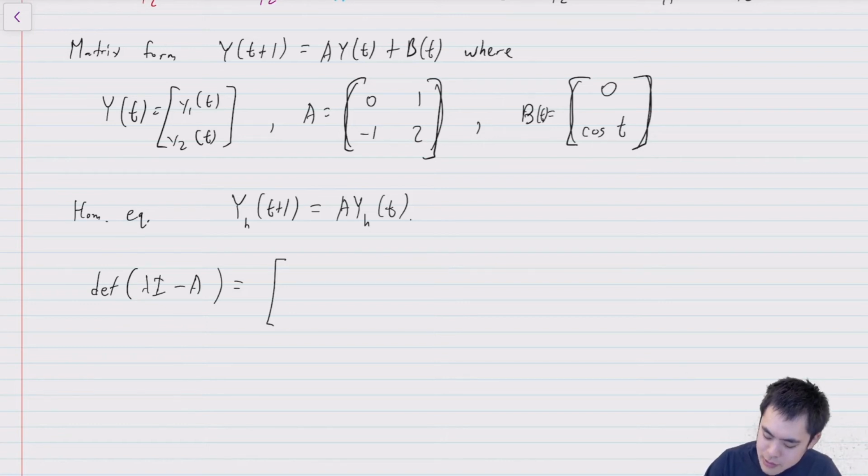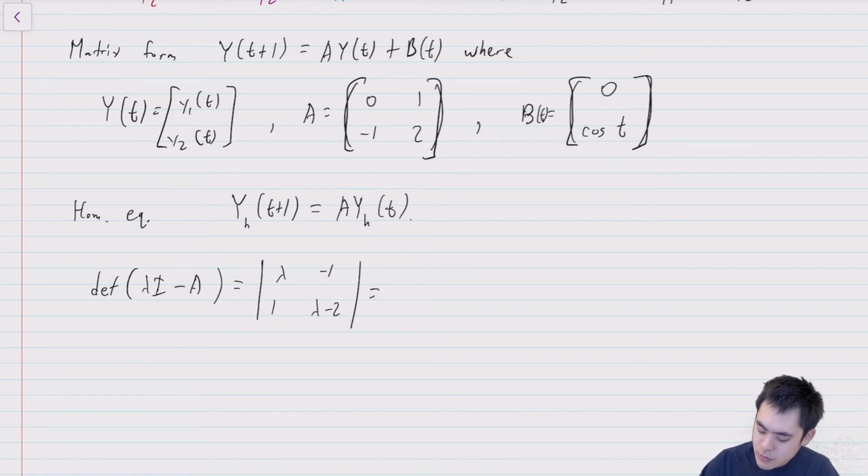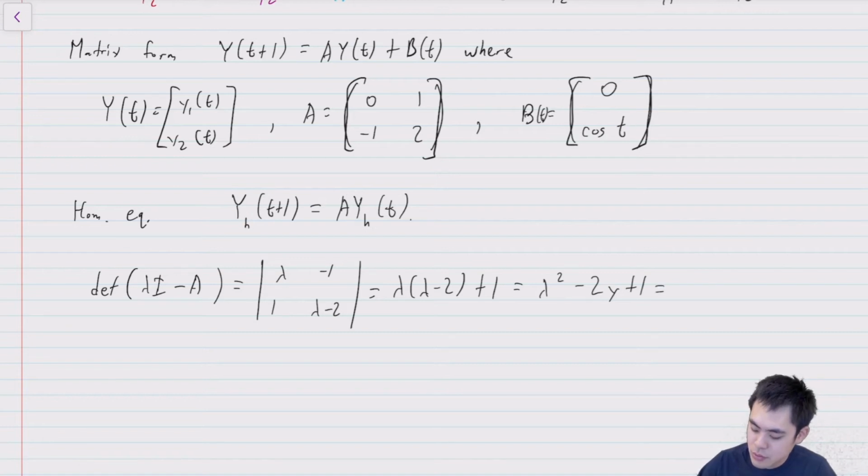The determinant of lambda I minus A is the determinant of [lambda minus 1, 1; lambda minus 2], which is lambda times lambda minus 2, plus 1, which is lambda squared minus 2 lambda plus 1, equal to 0.